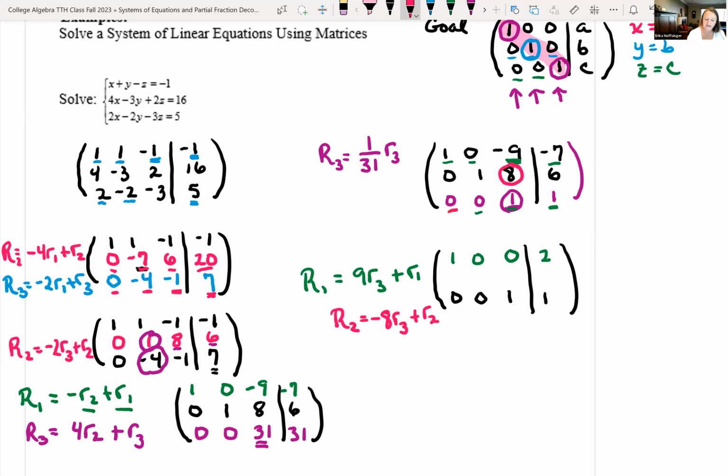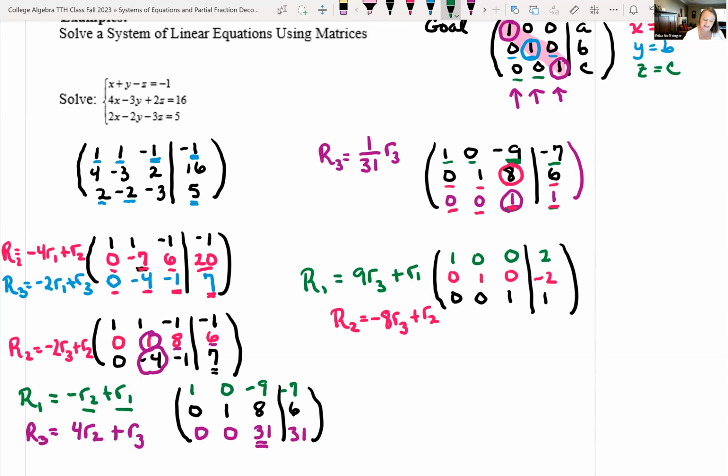So 0 times -8 is 0, plus 0 is 0. 0 times -8 is 0, plus 1 is 1. 1 times -8 is -8, plus 8 is 0. And -8 times this 1 is -8 plus 6, which is -2. So we manipulated this so our solutions fall out.